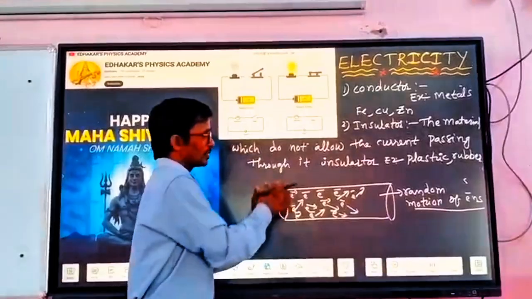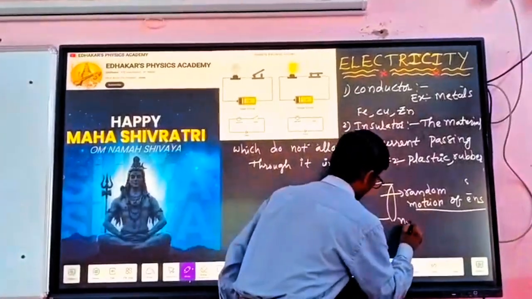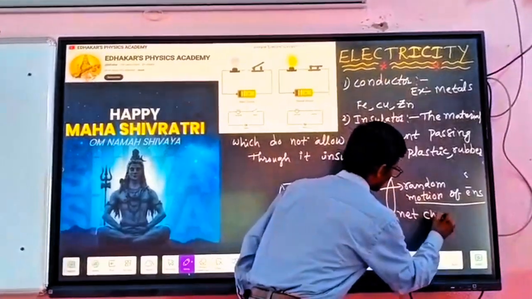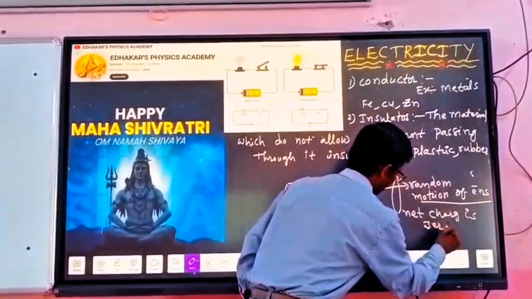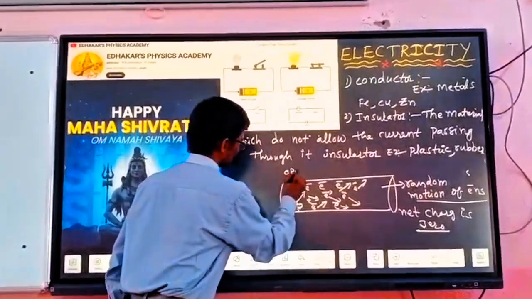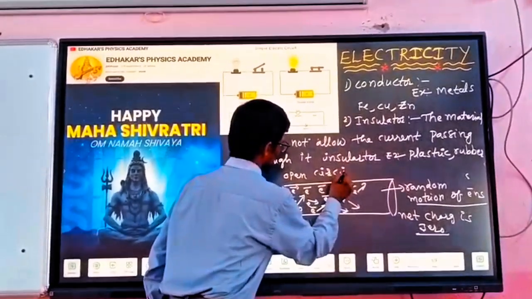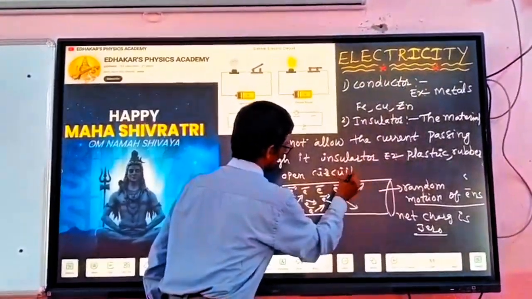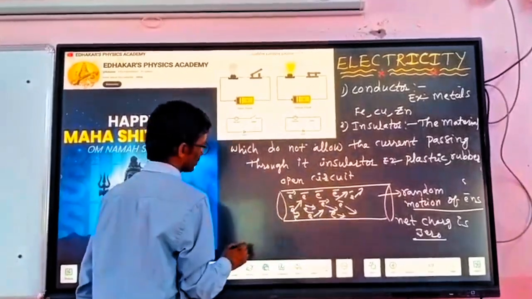Because of that, the charges cancel each other. Net charge is zero. When the net charge is zero, that is called an open circuit.